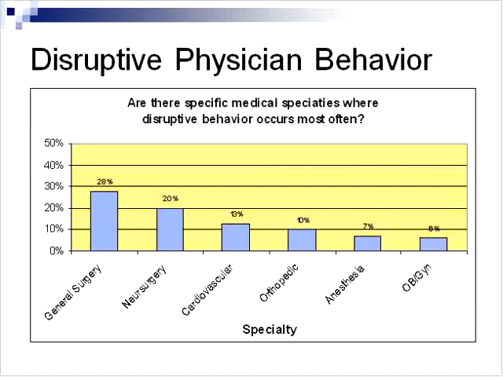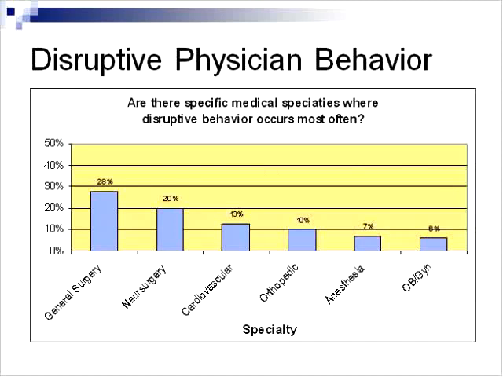Next is, are there any specific medical specialties where disruptive behavior occurs? And it's probably not surprising to you that some medical specialties do have a significantly higher number of disruptive behavior events than others. I'm happy to say that we don't see the pulmonologists anywhere on this, and in my career I think that pulmonologists are one of the easiest medical specialties to get along with.